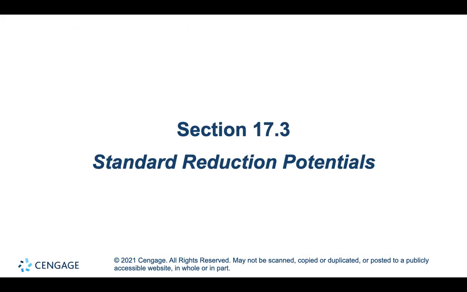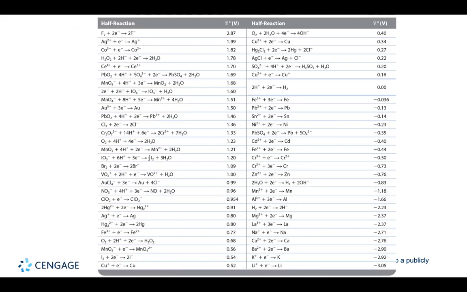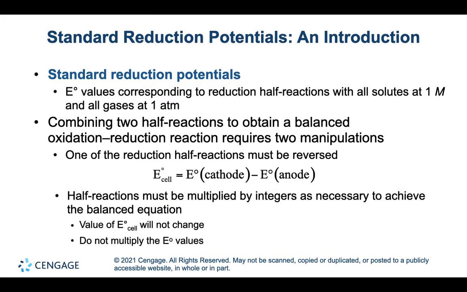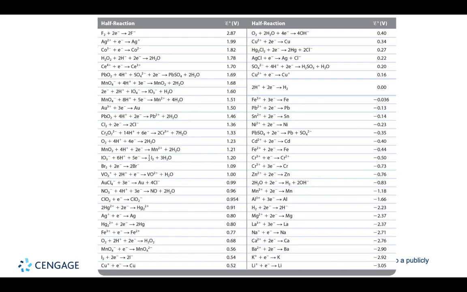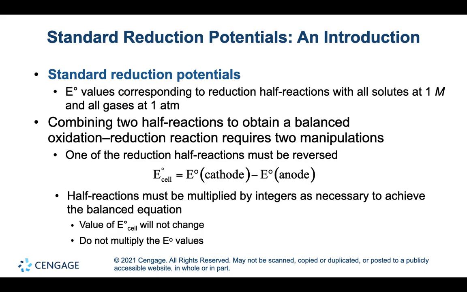Remember, these are written as reduction potentials. So oxidation would involve flipping one of the two reactions. You take a reaction from this and you flip it, and that turns it into the oxidation step. Your reduction step, you run the regular way it's written in the table. The oxidation step, you pick one of these reactions and you flip it.